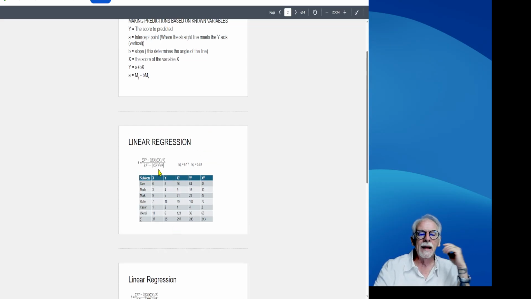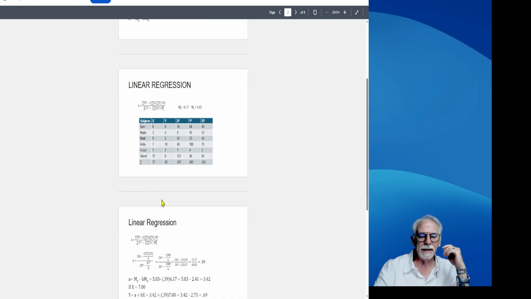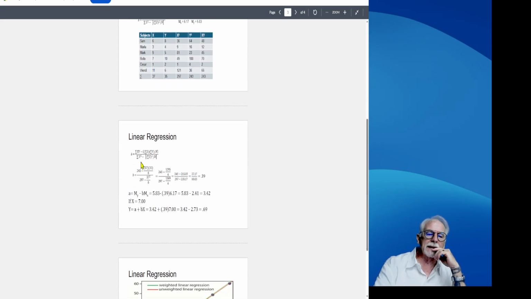So here's the formula for B. Here's the mean of X and the mean of Y. The sum of XY, 243, minus the sum of X times the sum of Y divided by N, and in this case, N is 1, 2, 3, 4, 5, 6. All of that is over the sum of X squared, 297, minus the sum of X, squared, over N, which is 6.